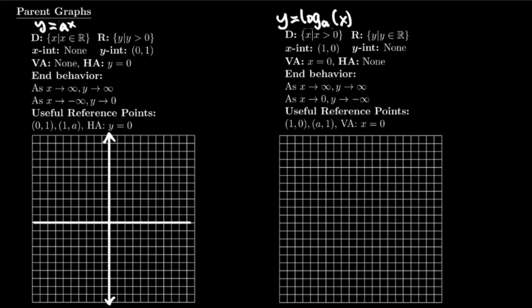So draw your axis. I'm going to try to make it even, mostly because I'm going to copy and paste this thing to the other one. 1, 2, 3, 4, 5.